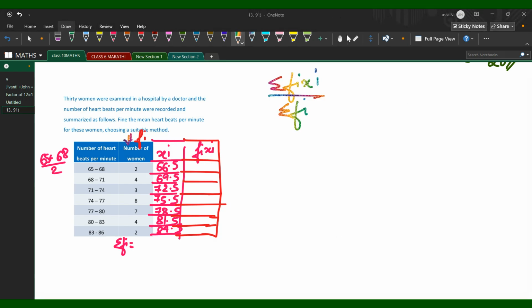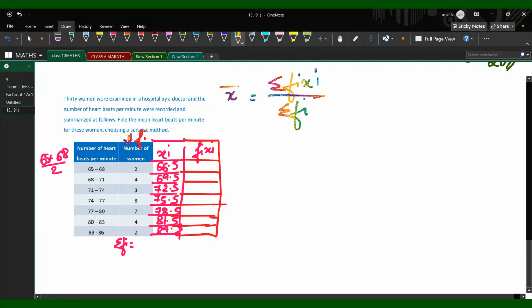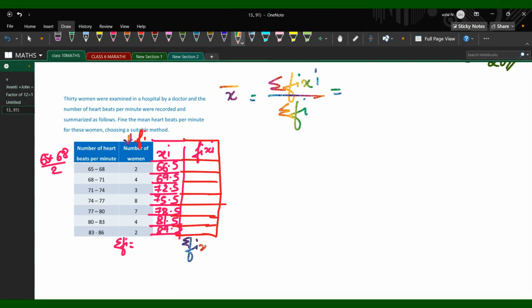Yes, this is the formula. So you want the sum, na? Mean is equal to... So what is the sum of this one and this one? Total of this column and total of this column you need.